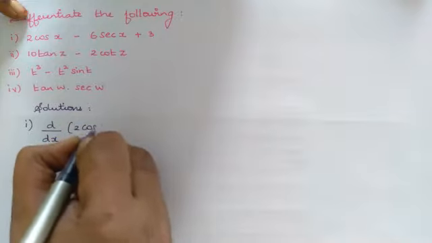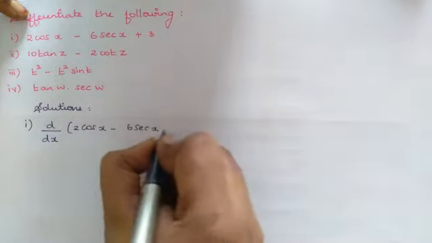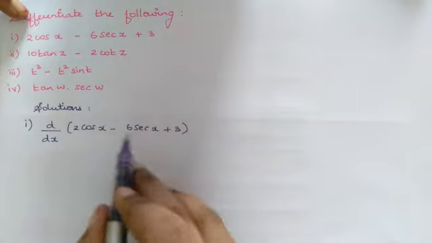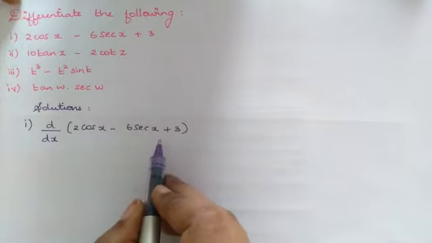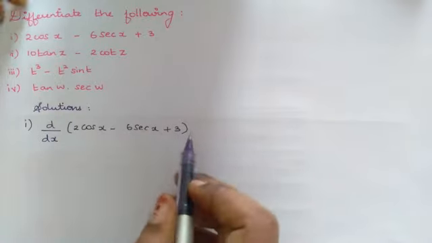First sum, we are going to differentiate d by dx of 2 cos x minus 6 secant x plus 3. So this is a polynomial function. We have 3 terms. In this case, all the 3 terms have to be differentiated individually.